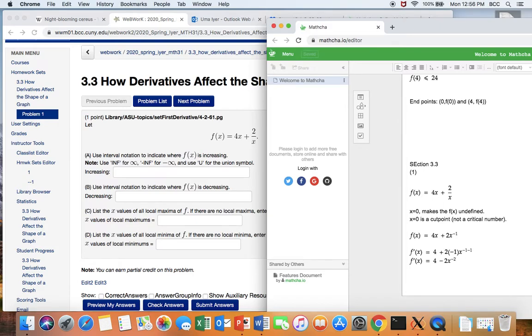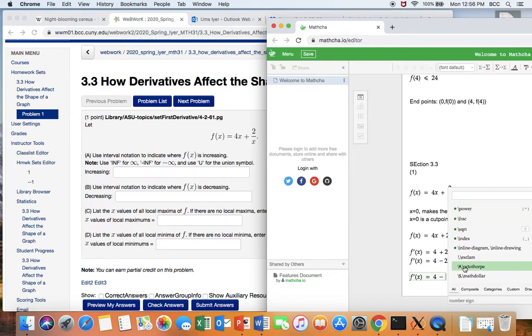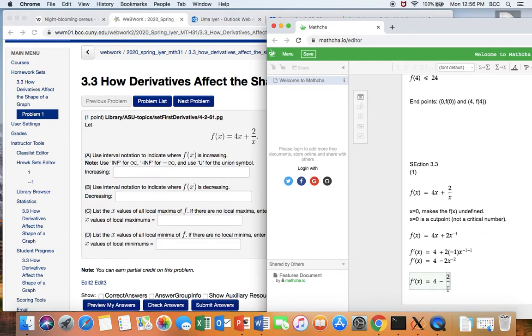So that tells me I can write f prime x equals 4 minus a fraction, 2 upstairs and x to the power 2 downstairs. You see, negative power went downstairs. So what do we have? f prime is undefined when x is 0, but we already got that.